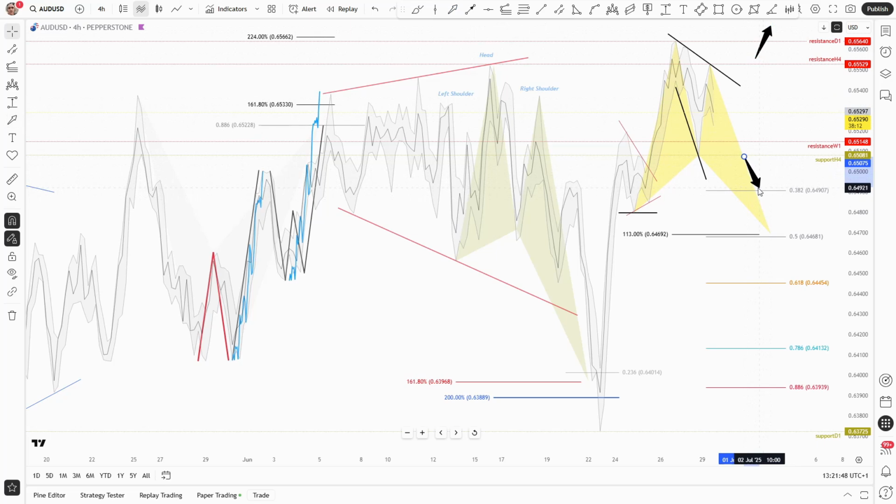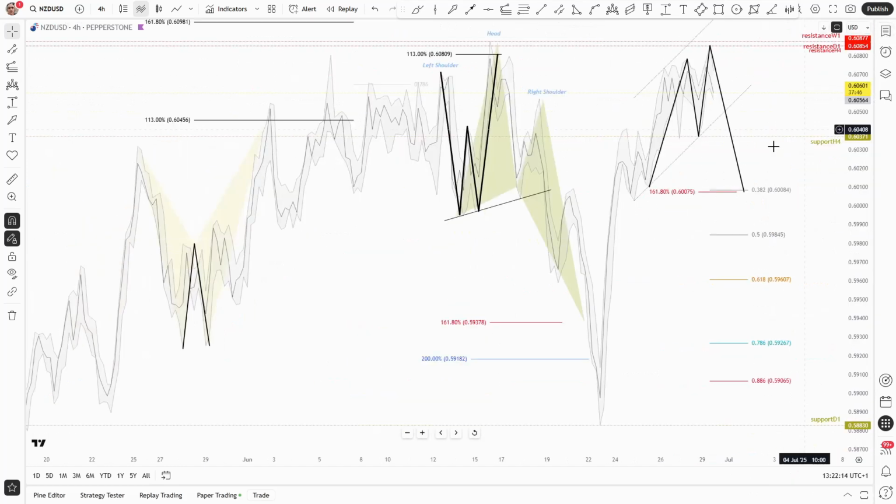If the price breaks below the support level, that's what I'm expecting, momentum to the downside, a corrective move to the downside, I will wait for the formation of a bullish alt-bat pattern projected at 64.69. That converges with the retracement back to the 50% Fibonacci retracement level for the Aussie.